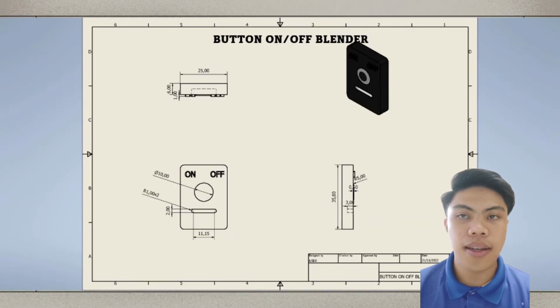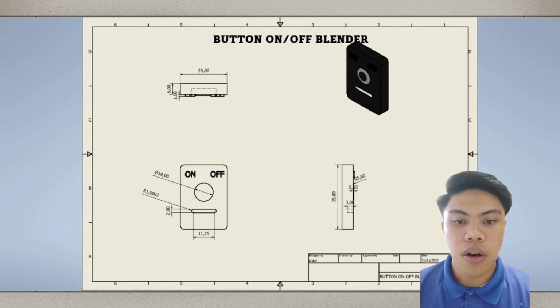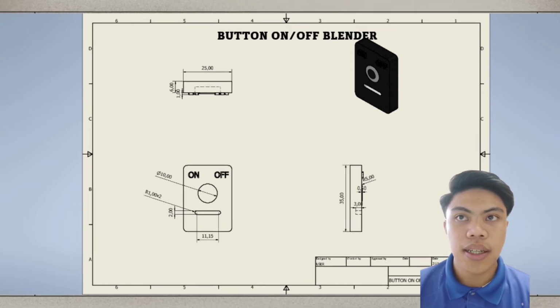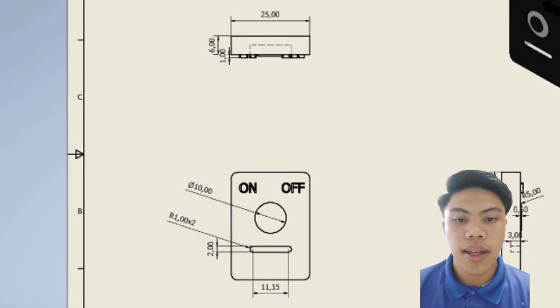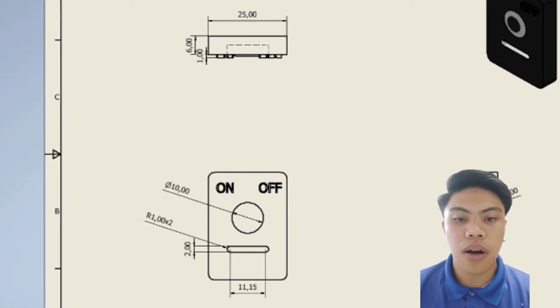The 10th part is the switch or power button. The power button is made from plastic and some of it has electronic components inside it. It has 25mm of width and 35mm of height.